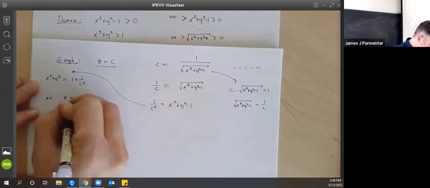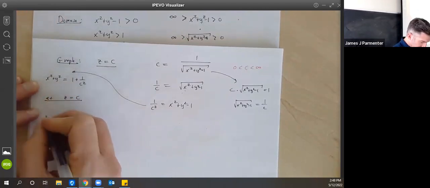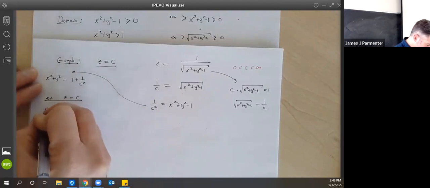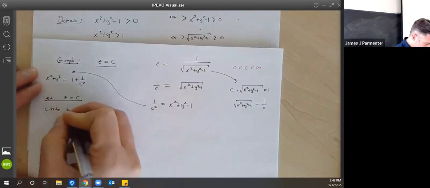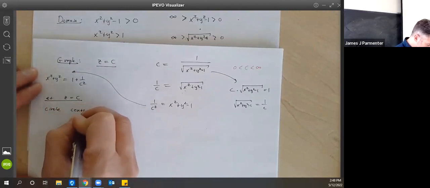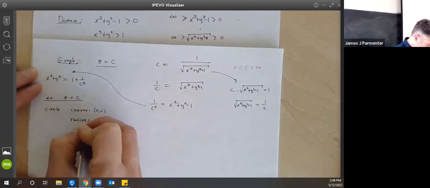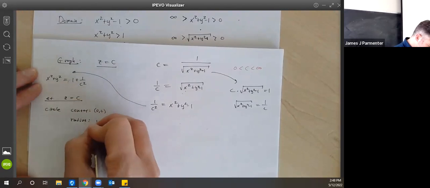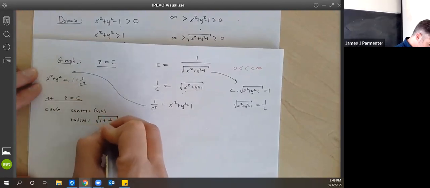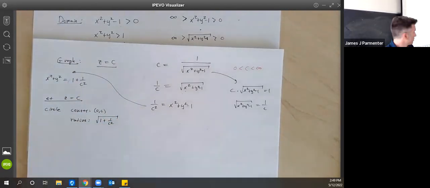At z equal to c, we have a circle. Center is the origin, and the radius is the square root of that. And this is very typical for finding level curves. I'm just going to write it as a function of c.